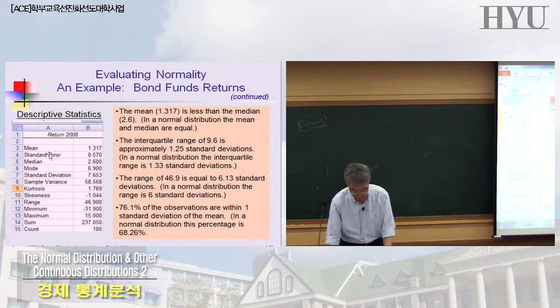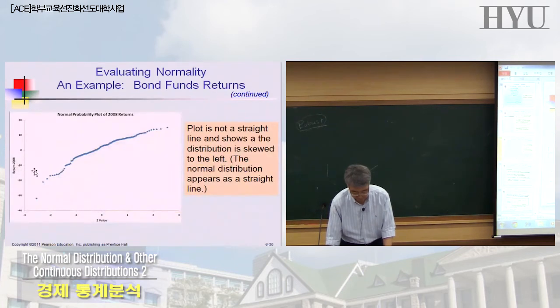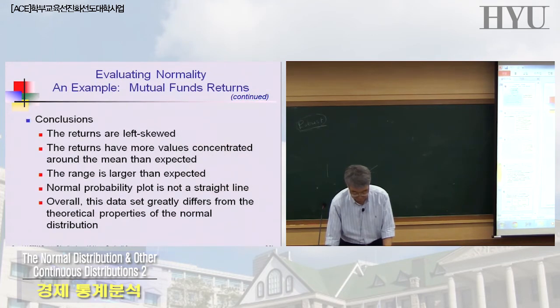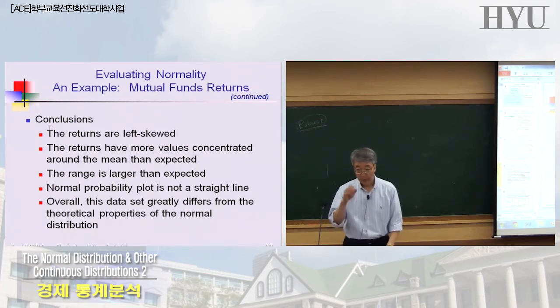This is an example of that same variable, return 2008, analysis that we did using descriptive statistics a few minutes ago. And this is the actual normal probability plot they constructed. So based on all those things, we can conclude this. Any question?